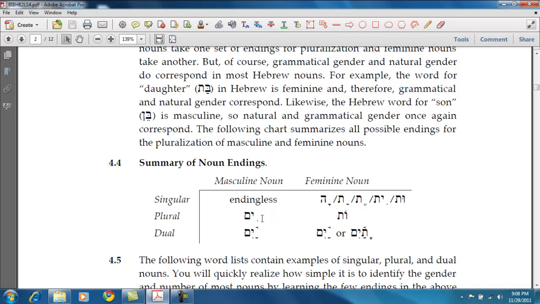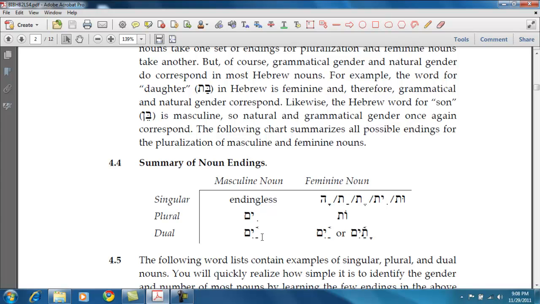Now, in the masculine plural, we have the hirik yod mem sofit. That is what tells you that that is a masculine plural ending. And the feminine, the holem vav tav, tells you that it is a feminine plural ending, like in torot for laws.